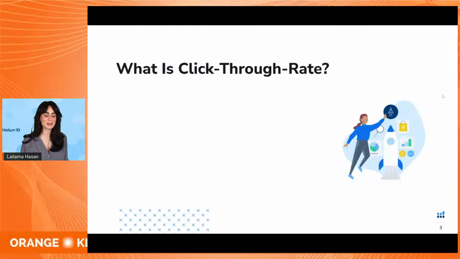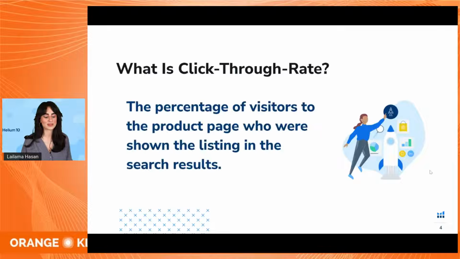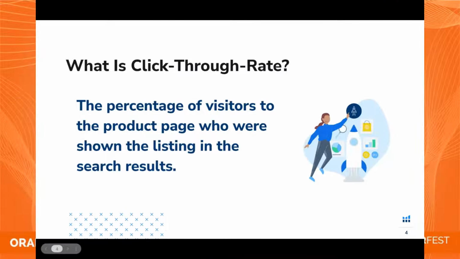A lot of you might be thinking what click-through rate is. It's basically the percentage of visitors to the product page who were shown the listing in the search results. So among all the competition in the search results, people are going to be looking at so many listings.